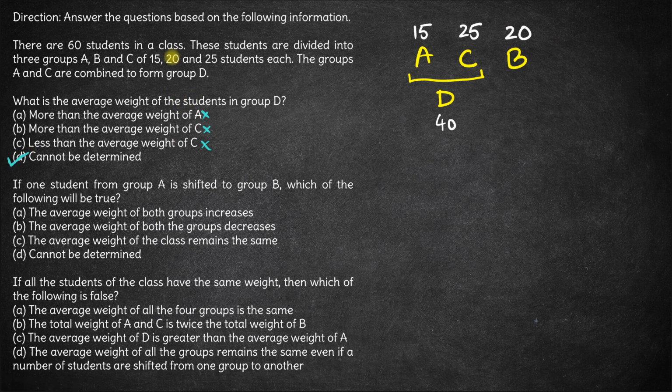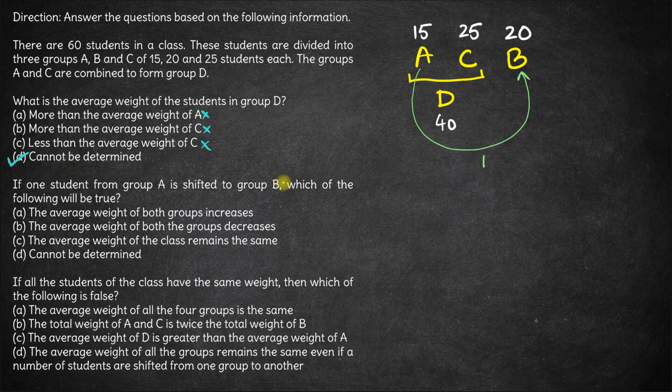Okay. Now let's look at the next question. If one student from A is shifted to B, then the number of students in group A, or you would say group D, will reduce by 1, and the number of students in group B will increase by 1.